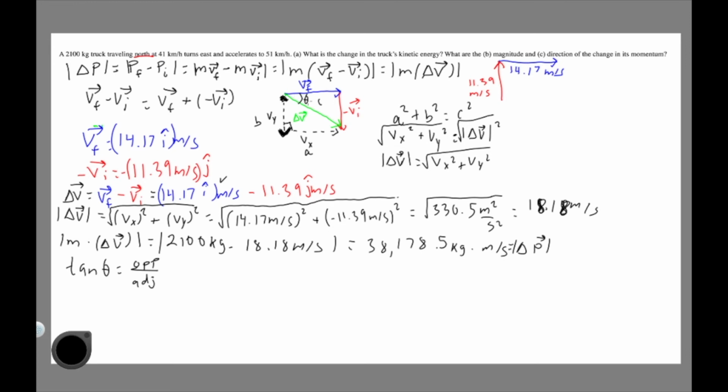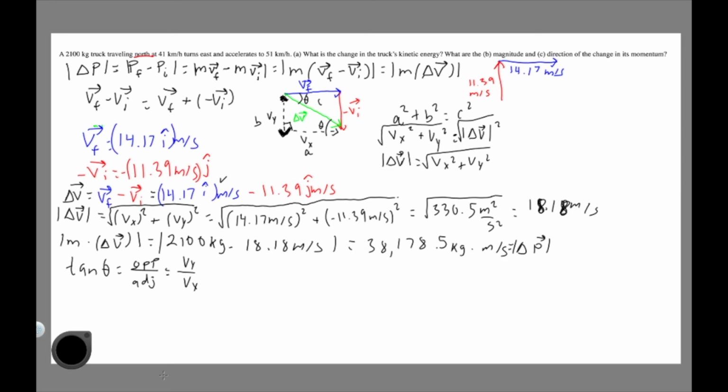This angle right here is going to be the exact same as this angle right here. So in this case, the opposite side of theta is going to be Vy, and the adjacent side of theta, the side that's next to theta, that's not the hypotenuse, is going to be Vx.